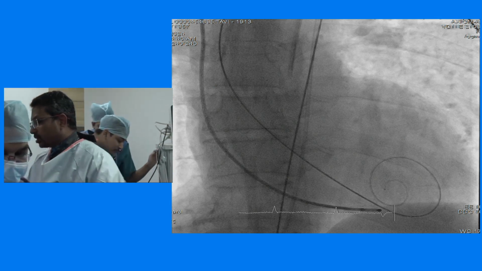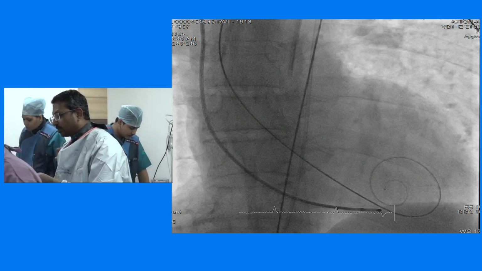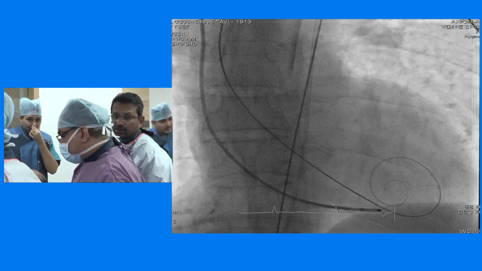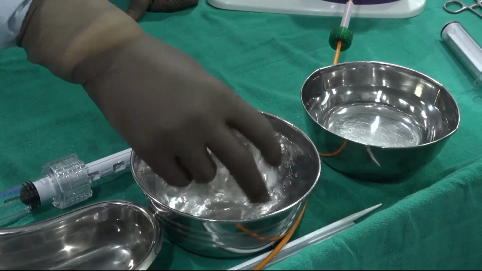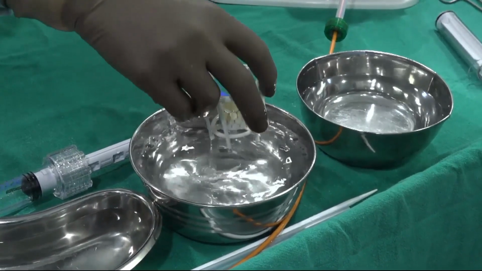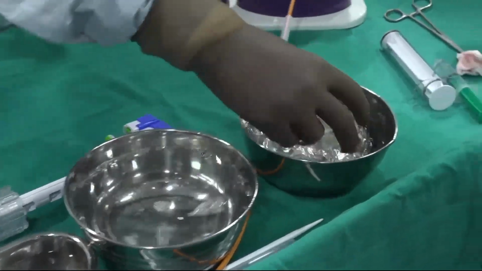Then we exchanged for the extra small length Safari wire to the pigtail, and now we are here, and now we are going to demonstrate how the valve has been crimped, and how it is going to do the commissural alignment. This is the valve. As it has been stored in glutaraldehyde, we need to wash it thoroughly in 3 different bowls.